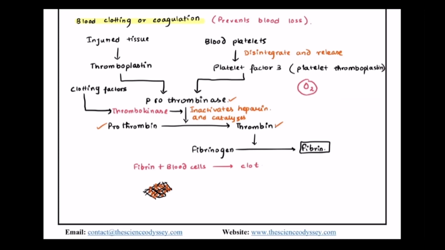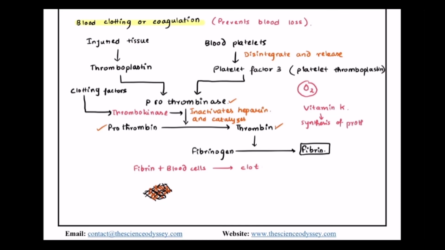And apart from oxygen, another very important molecule that is required for blood clotting is vitamin K. This vitamin K is actually necessary for the synthesis of prothrombin in the liver. So these two are very important. So vitamin K and oxygen. This is very important for the initiation or the starting of the blood clotting or blood coagulation.